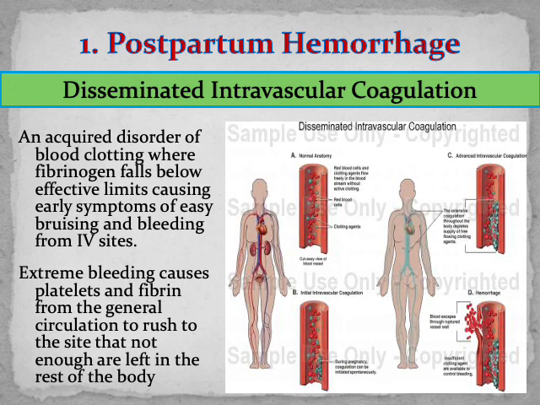The extreme bleeding causes platelets and fibrin from the general circulation to rush to the site so that not enough are left in the rest of the body.